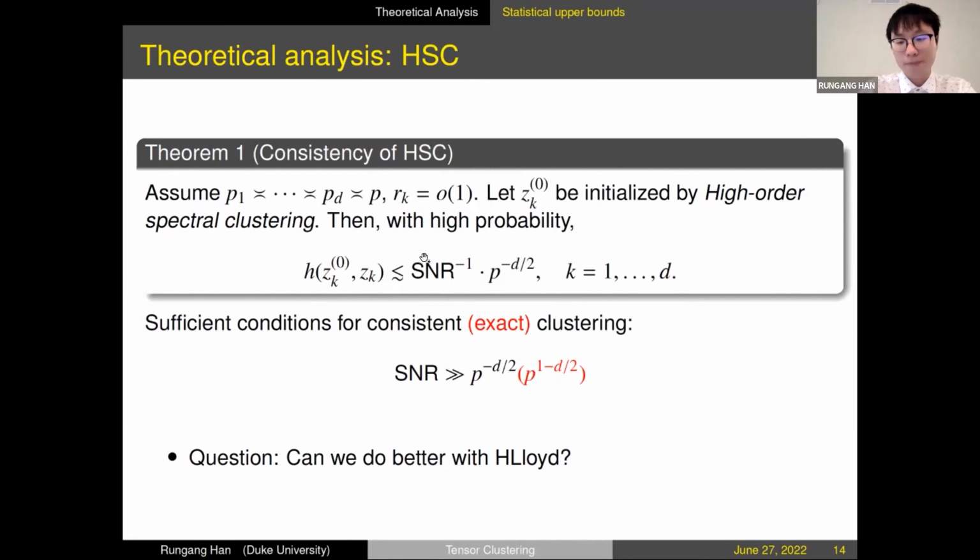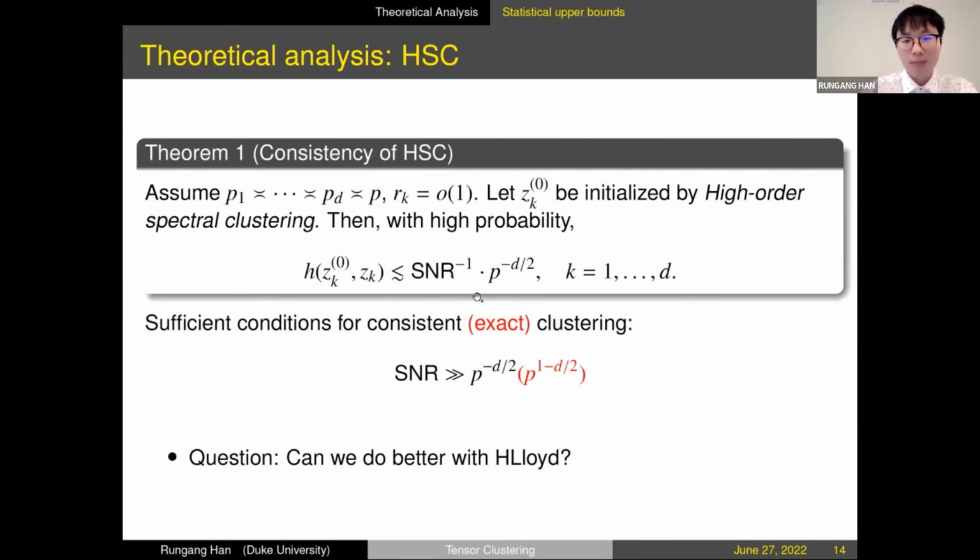But in the high-order Lloyd, we are able to obtain an exponential dependence on the SNR. If we only have the inverse of the SNR as an upper bound, then you have to increase the power of p to make this rate even lower.